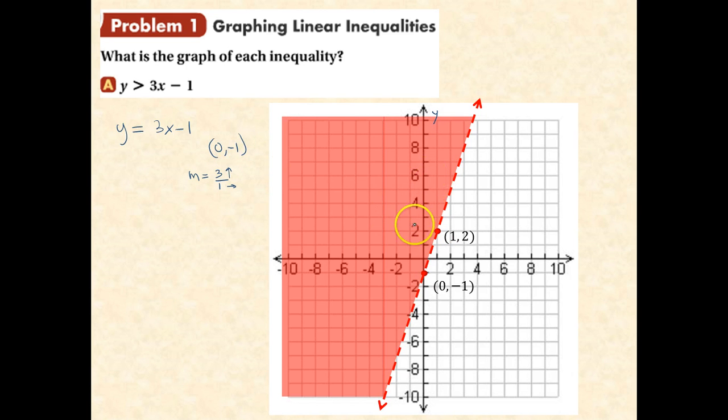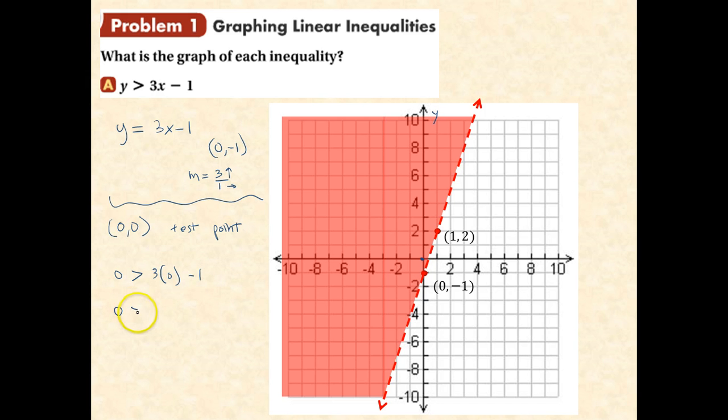You can also do this business of picking a point on one side of the line, like 0, 0, and plugging it into the original inequality. And then if it's in the area you're going to shade, then it'll be a true statement. So for example, if I pick the point 0, 0 as my test point, then I'm going to put a 0 in for y and a 0 in for x.